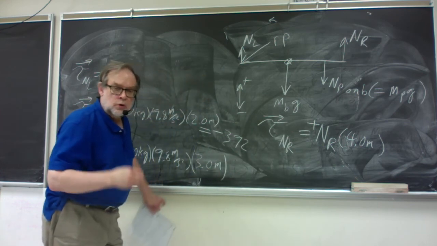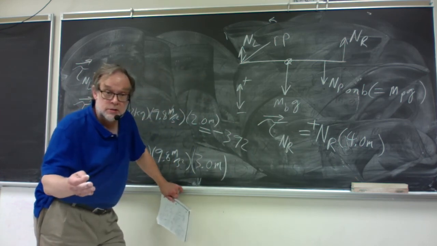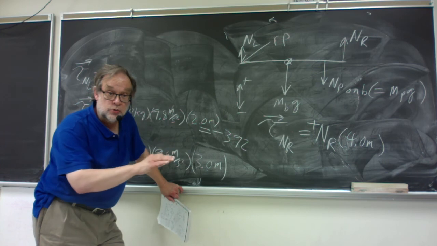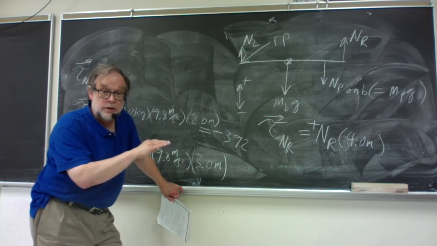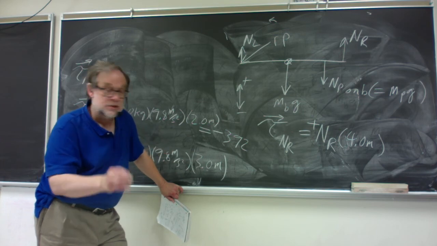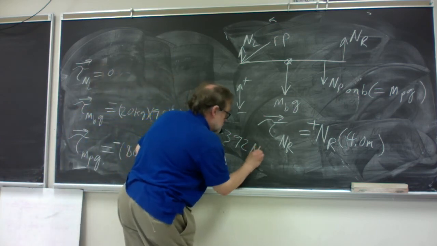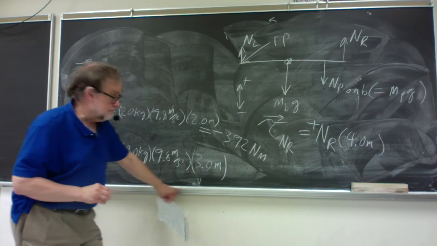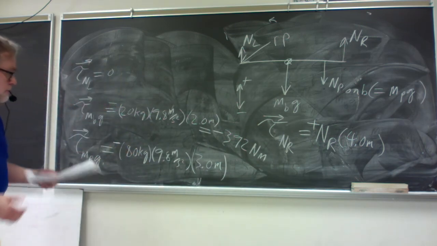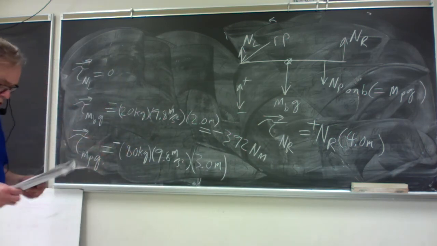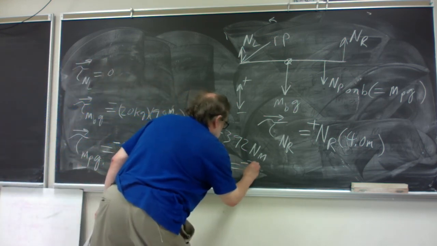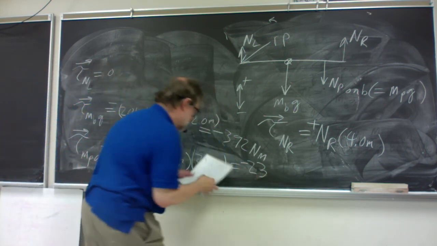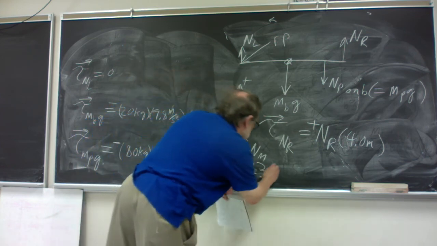392 what? Well, a torque is a force times a distance. Forces are in newtons, distances are in meters. So this is 392, a force times a distance, newton times meters. And then this 80 times 9.8 times 3 times minus 1, that'll be minus 2,352.